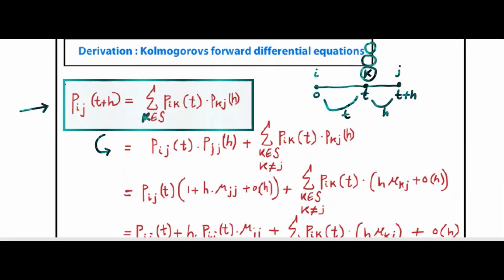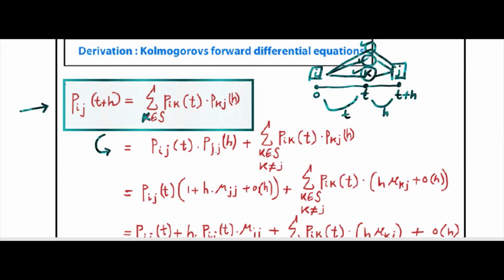All the options we have to find from i to j, and then we have to add all options. This one plus this one plus this one. There is where summation comes. So i-k, k-j means k belongs to the state space. It could be any of these states. So one of them is j.